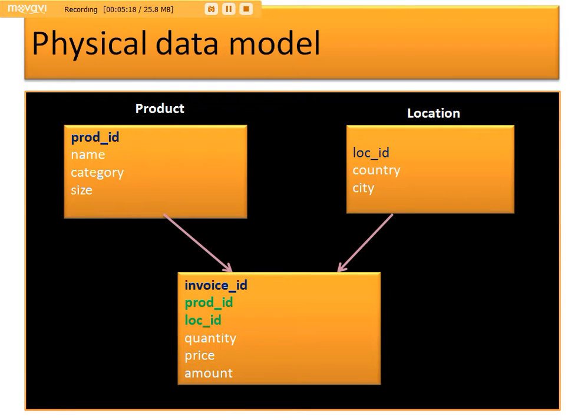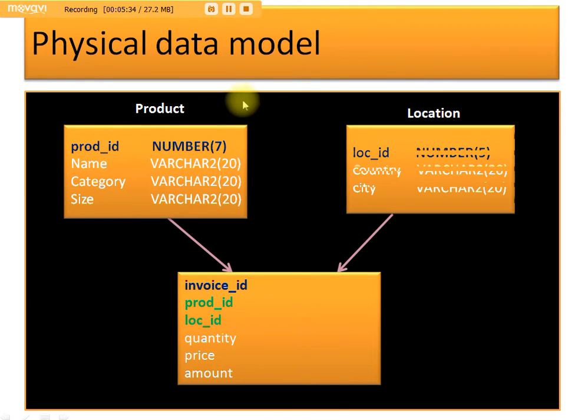Physical data model is the next stage after the logical data model. In logical data models, as you have seen, the product entity has defined attributes.